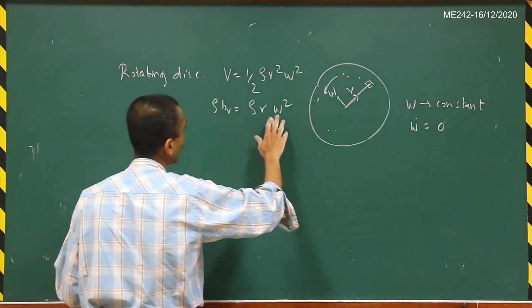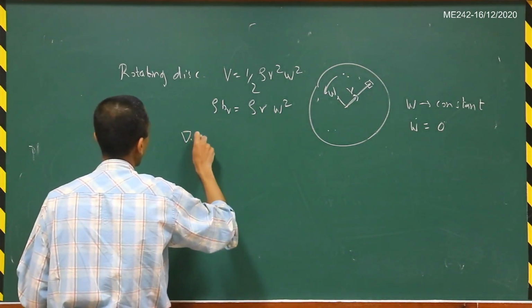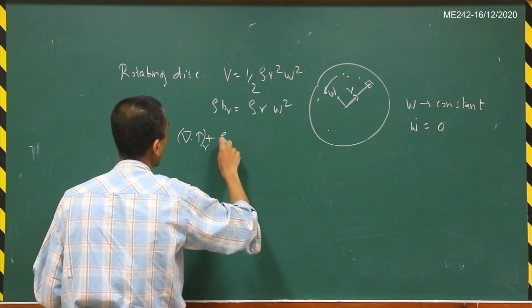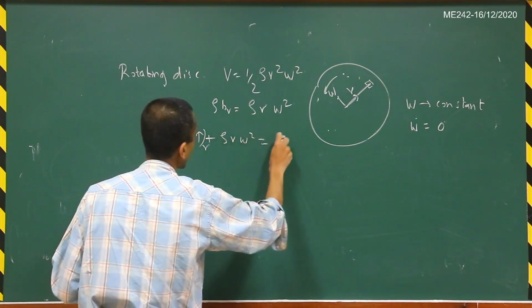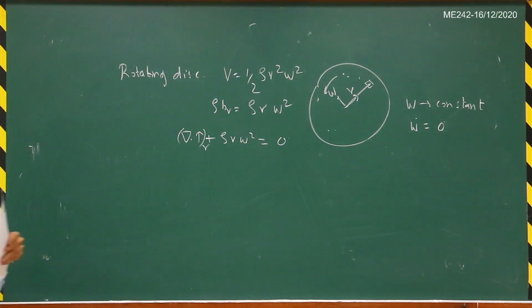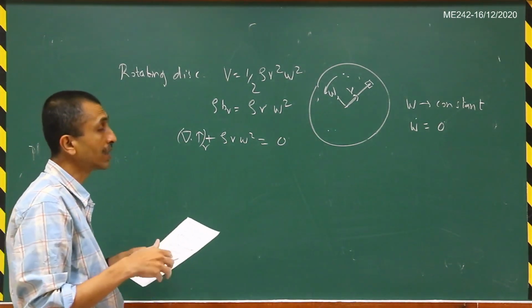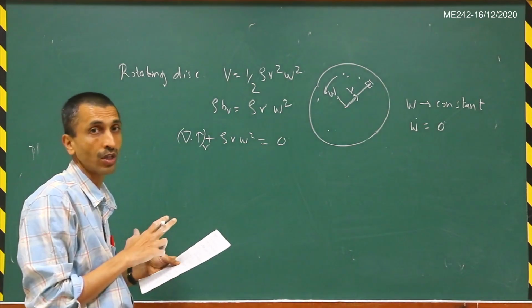So basically we will write del dot tau, plus the R component, plus rho R omega square is equal to 0. In the static framework, this will be the Lagrange equation in the R direction, and similarly in the theta direction we can write it. And then we will use the Airy stress function approach now to solve this particular problem.